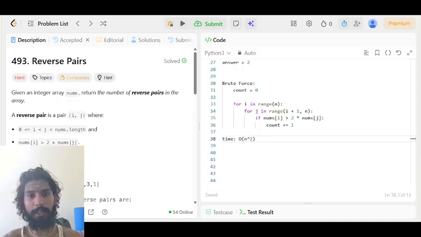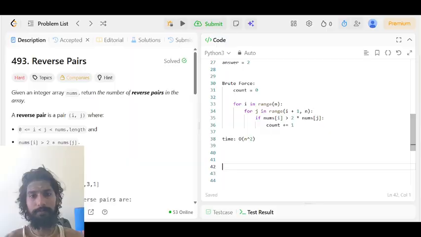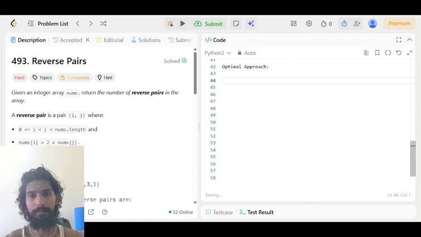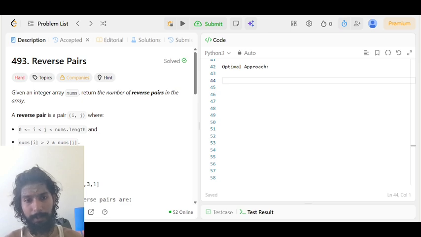So now let us think. The problem is asking us to count pairs. The condition is i less than j and element at i is greater than 2 times the element at j.